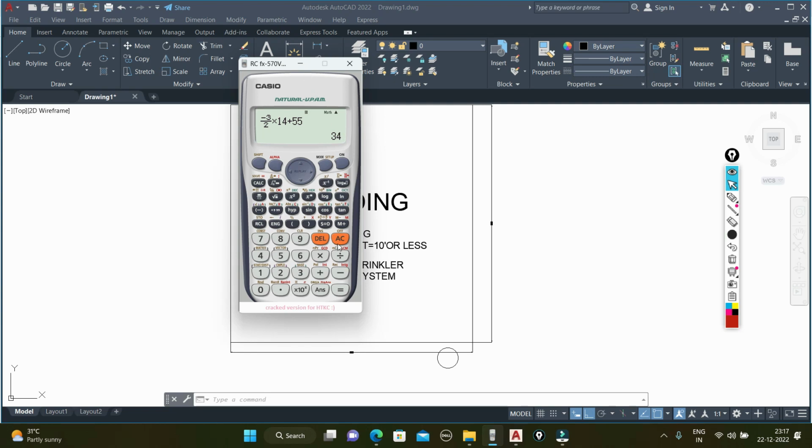Okay, so 34%, it means our area of operation is 1500 for light hazard, but it will reduce by 1500 multiplied by 0.34, which is 510.